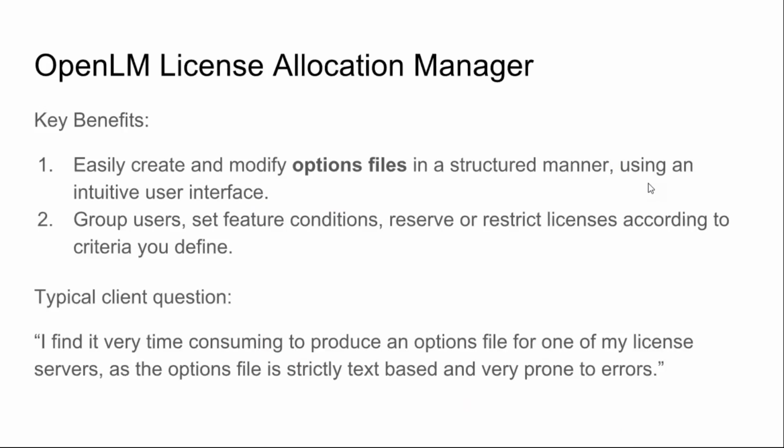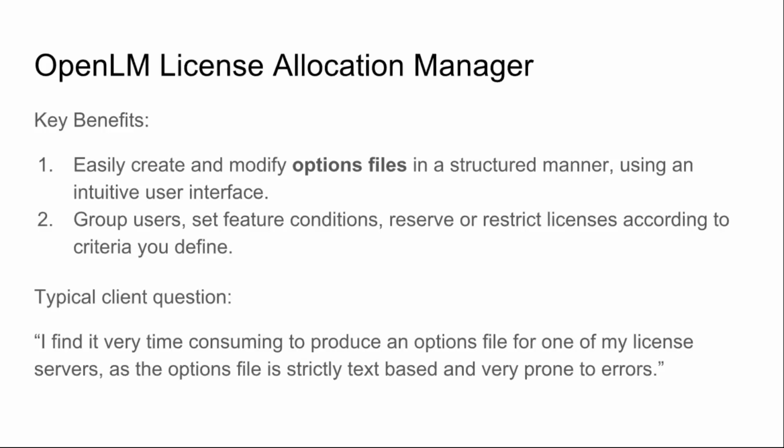The next extension is the OpenLM License Allocation Manager. Now, it's a big name, but it's really, really helpful because it allows you to create and modify options files in a very structured manner.